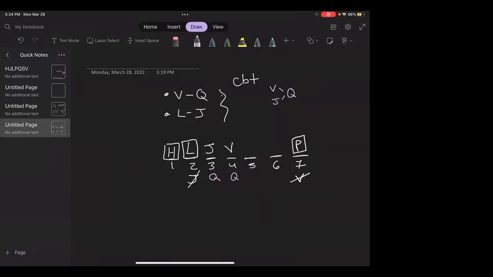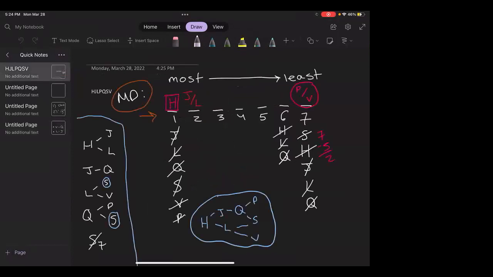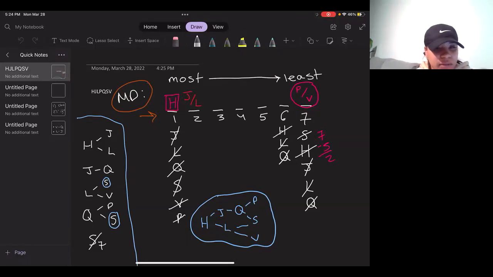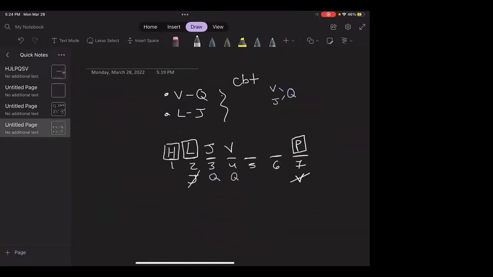Okay, cool. And then let's take a look at our main diagram. We have to have Q before S and P, right? From our chain link. Yes. Before S. Yes. All right, so Q has to be before S in this case.